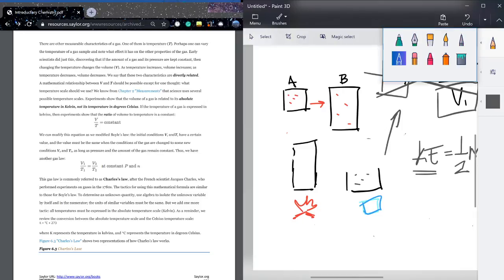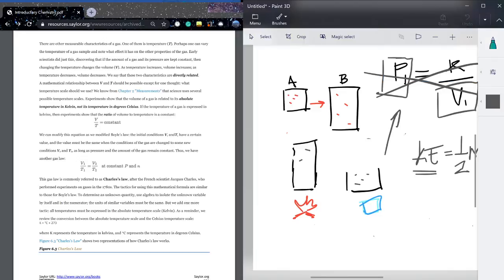So they have more distance to travel between collisions, and they won't collide as much in a larger volume. And that's how, even though they're moving faster and having more forceful collisions, there won't be an increase in pressure.